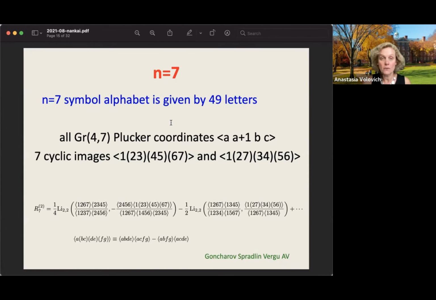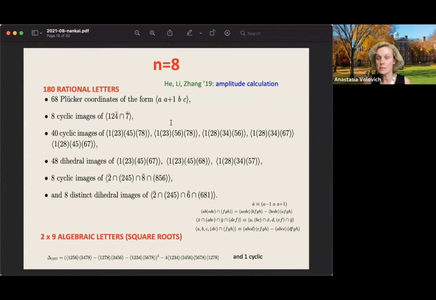Now, if you start increasing, you go to 8. Recently this has been computed in 2019 by Dixon and collaborators. The symbol alphabet again becomes a bit more involved. There are rational letters, at most cubic and quadratic in Plücker coordinates. I wrote some definitions, but not all. These are the Plückers. Then there are various intersections. These friends we've seen already, et cetera. There are 180 of those.